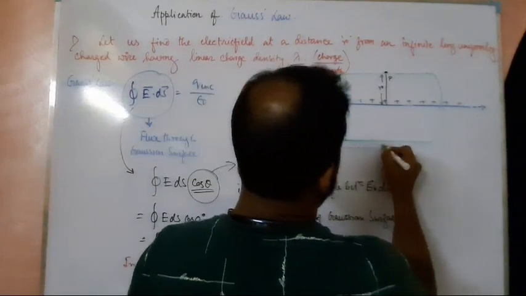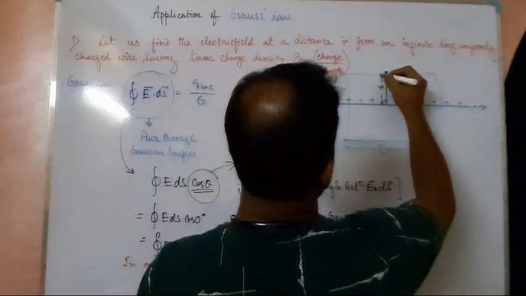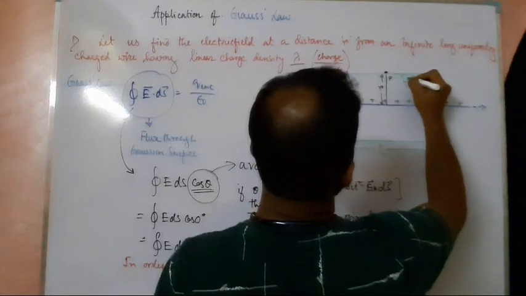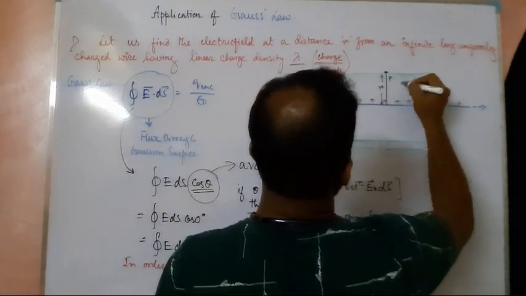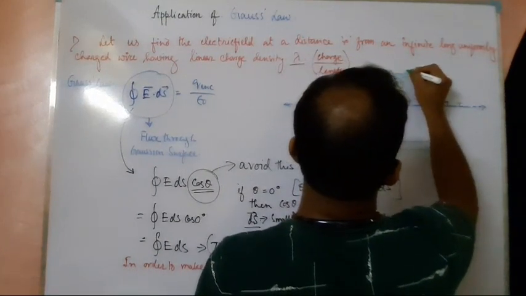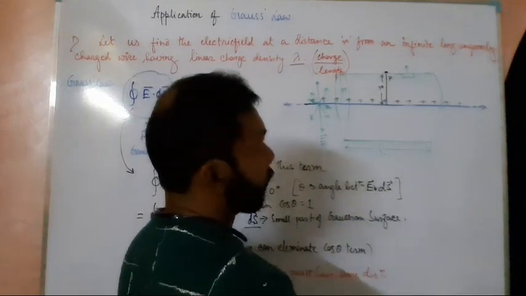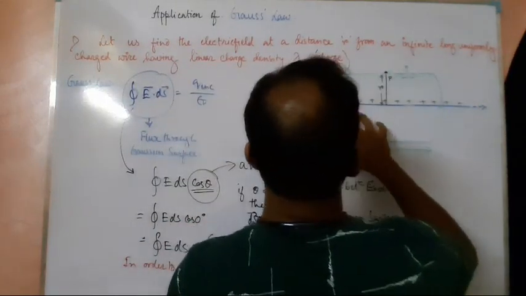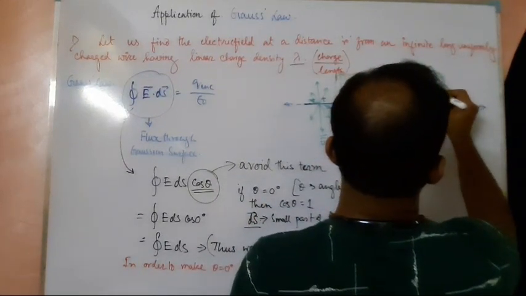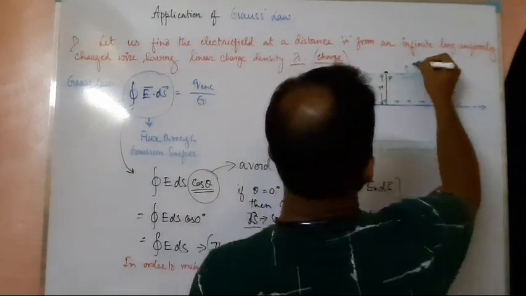Let us suppose we take the length of the cylinder to be L, and we also take a ds which is perpendicular to the curved surface. Also we have other ds vectors. For this plane surface, ds is pointing in this direction.